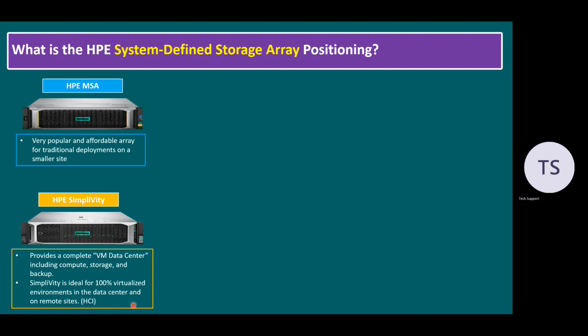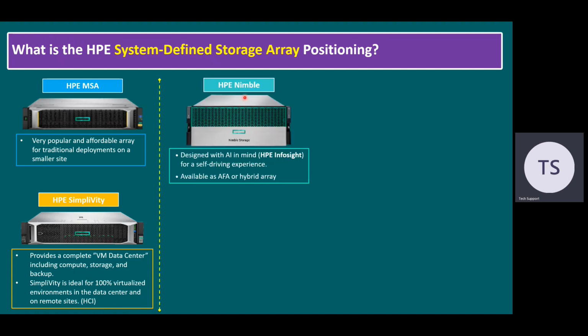Now let's talk about another storage solution, HPE Nimble. Nimble storage is designed with artificial intelligence in mind, and HPE InfoSight for a self-driving experience, and is available as an all flash array or hybrid array. Normally it is most preferable to use it as an all flash array, but in some scenarios customers may go for a hybrid array.